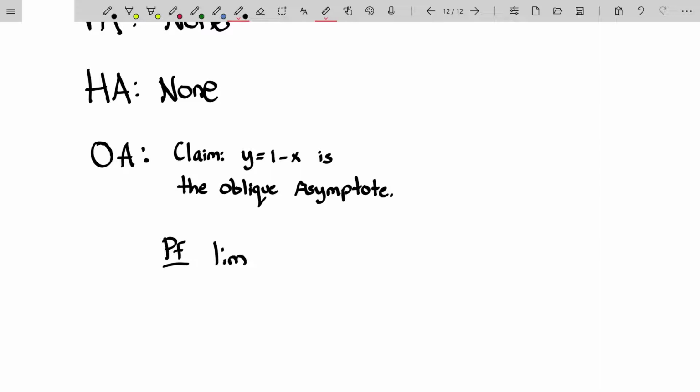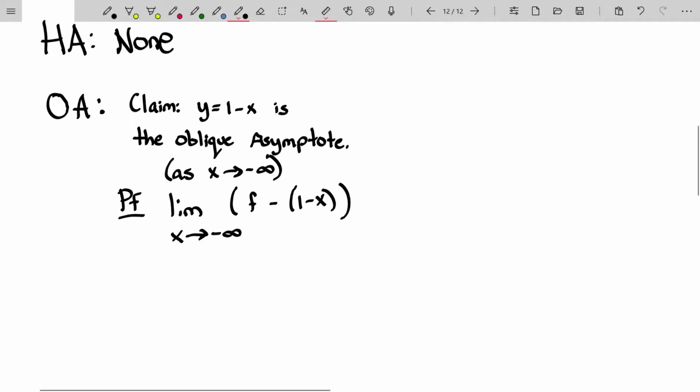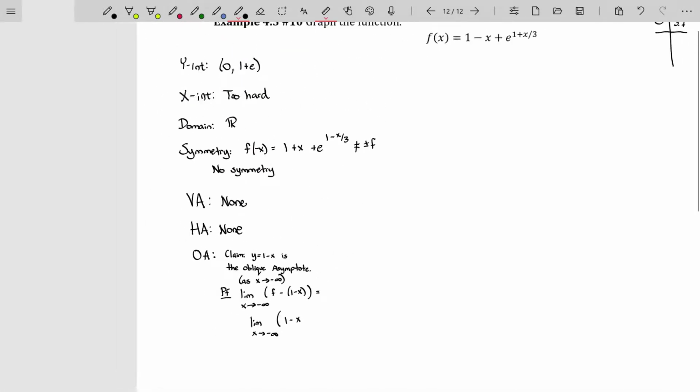Limit as x goes to negative infinity. By the way, it's oblique as x goes to negative infinity, not as x goes to positive. The limit as x goes to negative infinity of f minus this 1 minus x that we're claiming is the oblique asymptote, well, that's going to equal the limit as x goes to negative infinity of 1 minus x, was it plus or minus?